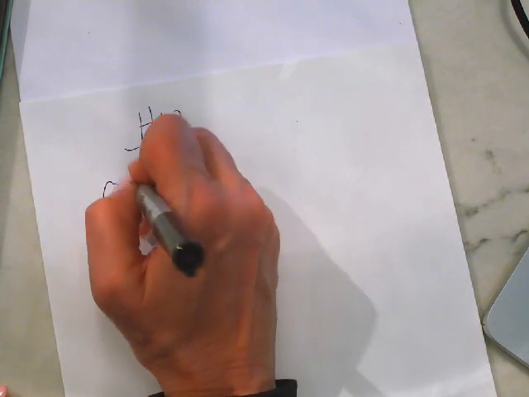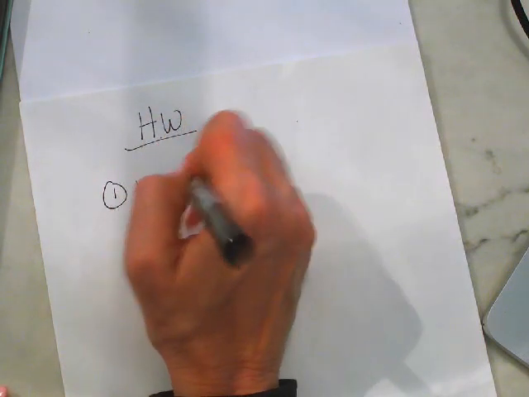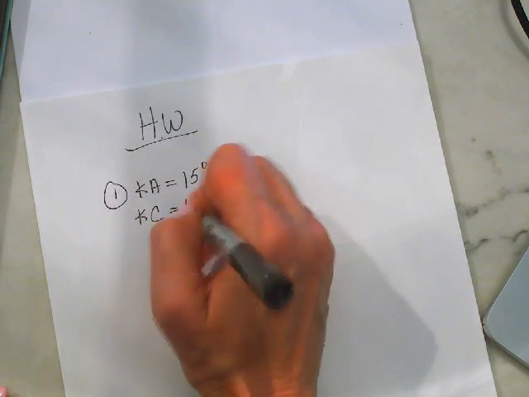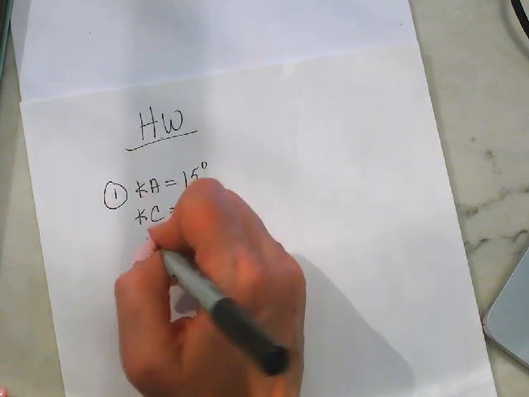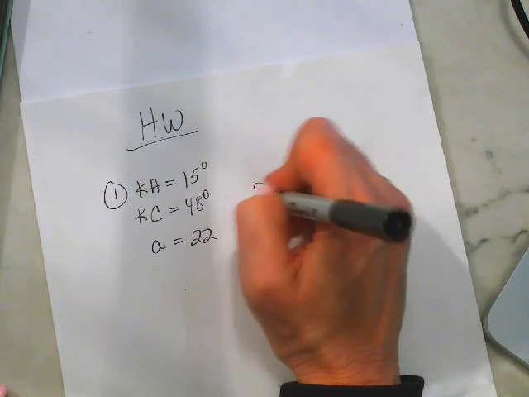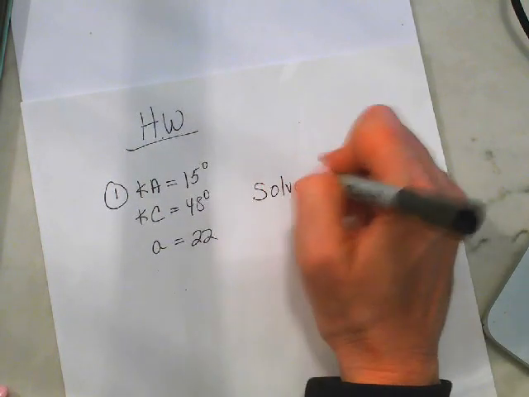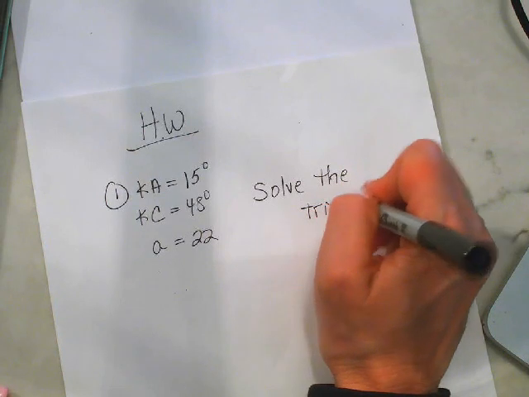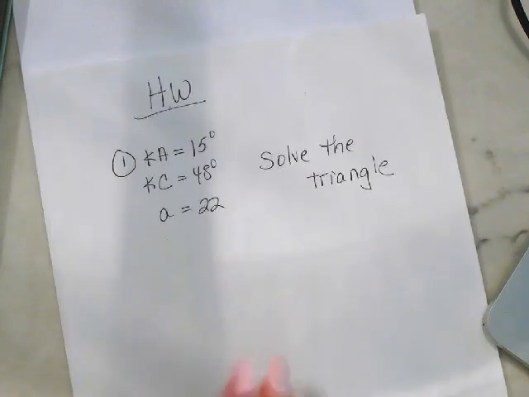So what I'd like you to do for homework is to try, if I gave you angle A is 15 degrees, angle C is 48 degrees, and little a is 22. Okay, so solve the triangle.